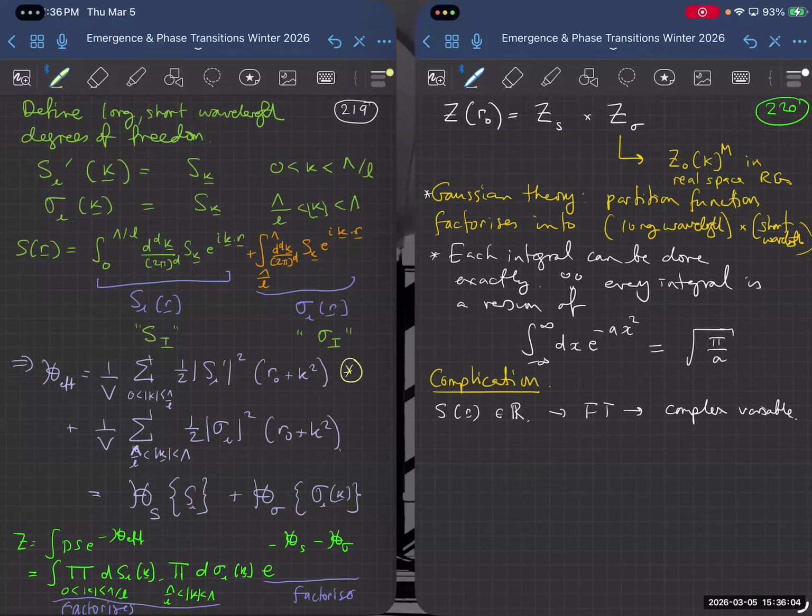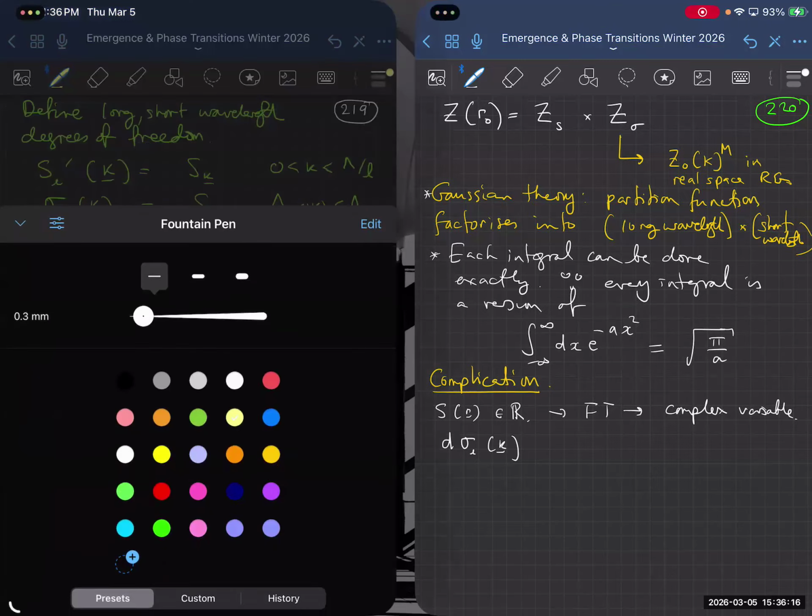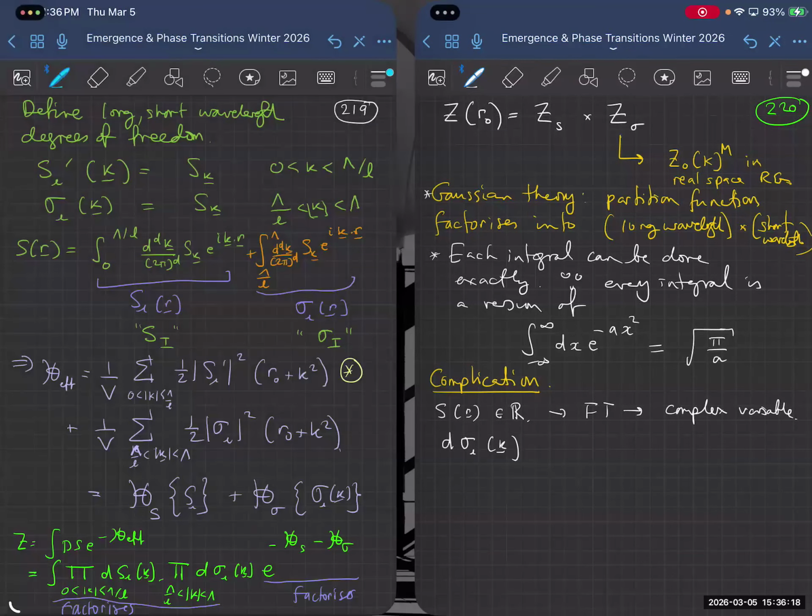Okay, so if I write down what is the measure, when I write down d sigma L of K, if you look here on the left-hand side, I've got these product over integrals, d sigma L of K. Sigma of k is a complex number which has real and imaginary parts.